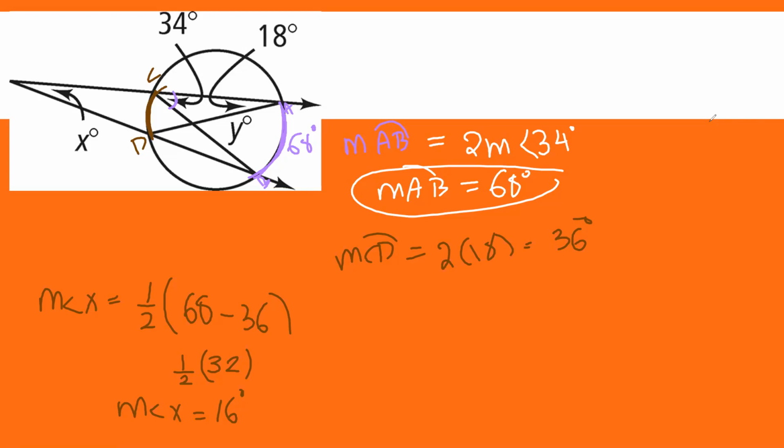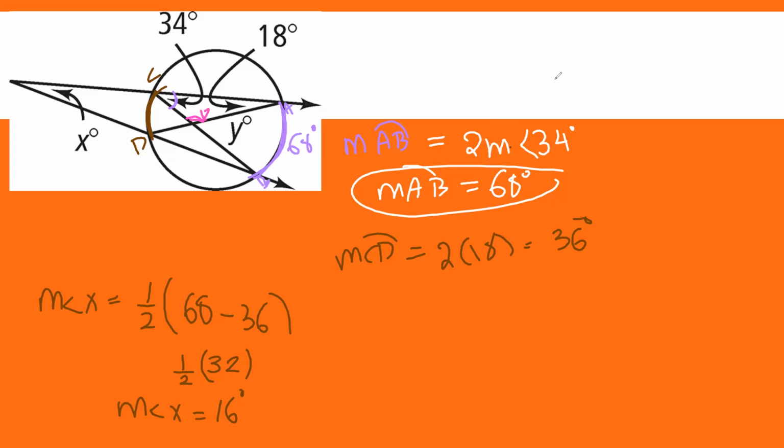Okay. Now here we have, if this is 34 and this is 18, what is the measure of this angle? It is supposed to complete 34 plus 18 plus x equals 180.